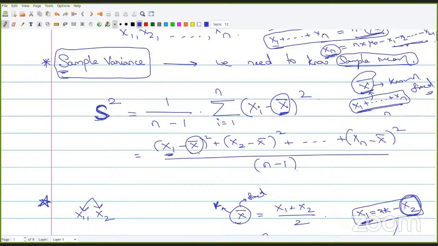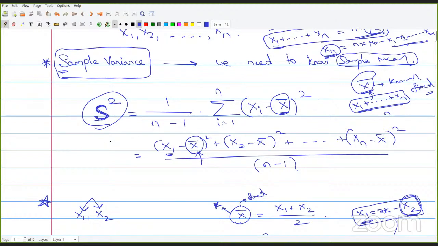So there will be only n minus 1 such random variables, and the nth random variable will always be dependent on these n minus 1 random variables because x bar is fixed. So for sample variance, x bar is fixed. It's no longer a random variable that we start off with.